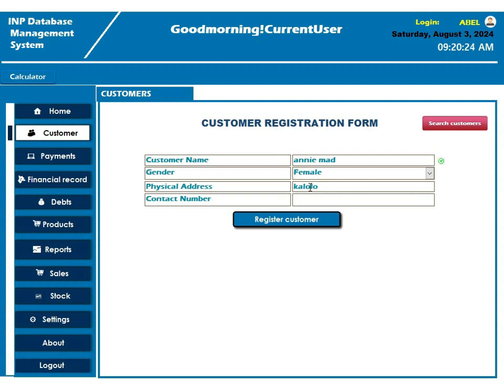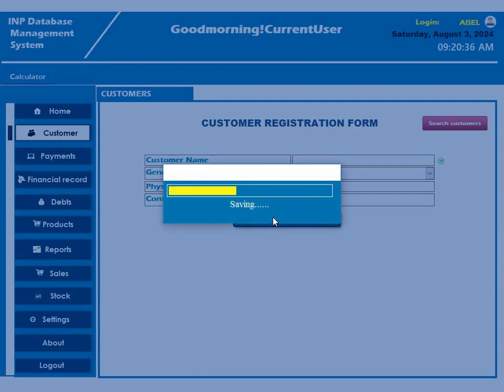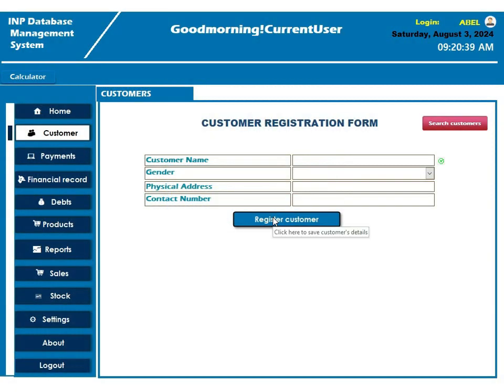Physical address, that's Kalulu. And that's her phone number. So when I click OK here, you find that I've saved the customer. The name of the customer has been registered into the system.